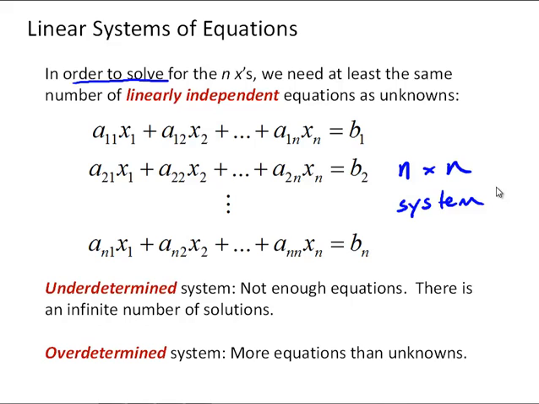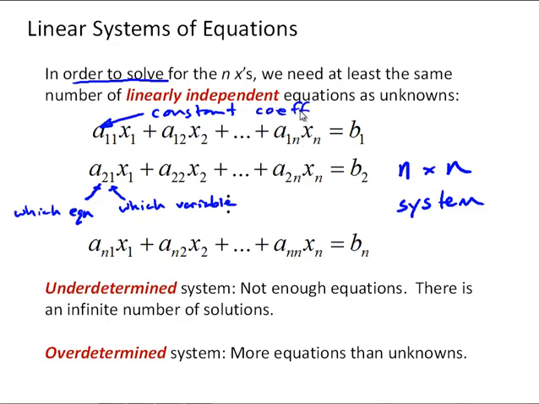And we can label the constants in the equations with subscripts to identify first which equation, and second which variable that constant is a coefficient for. And again, I think I didn't introduce that term before. These constants are also called coefficients of each variable.